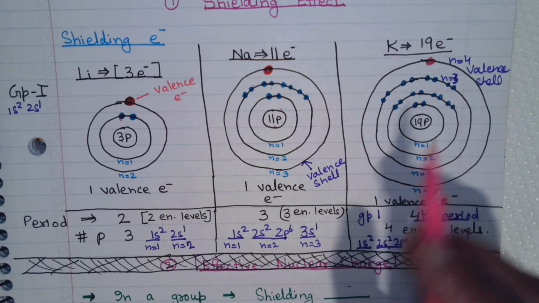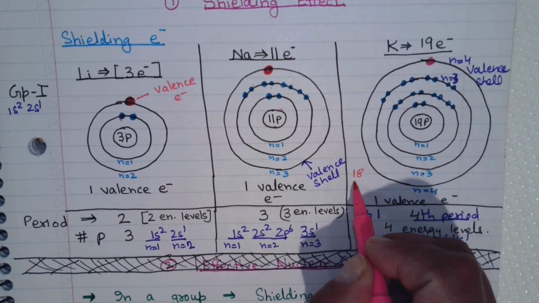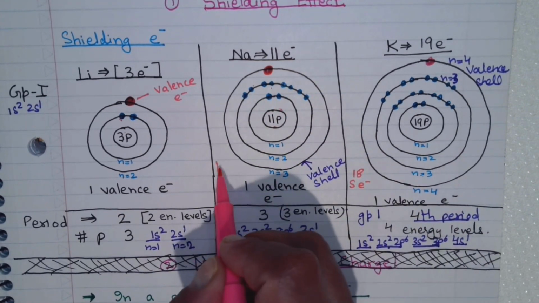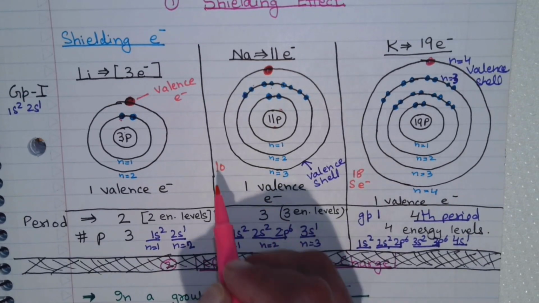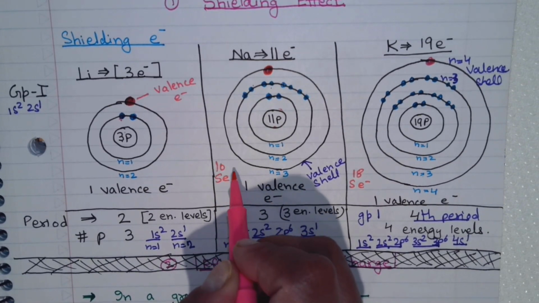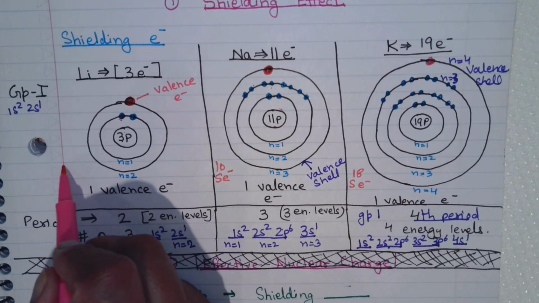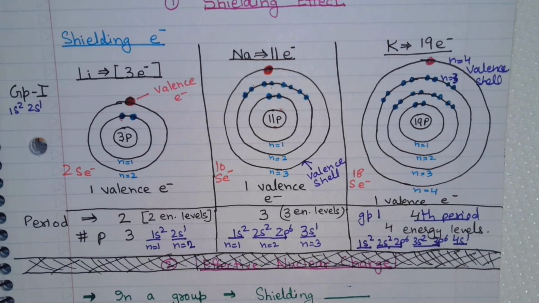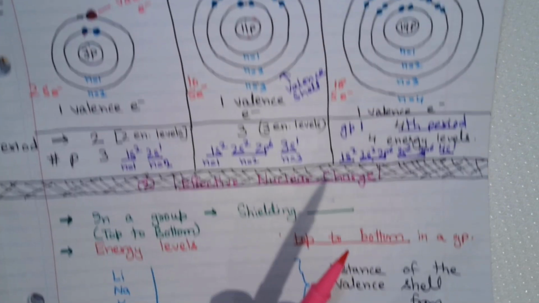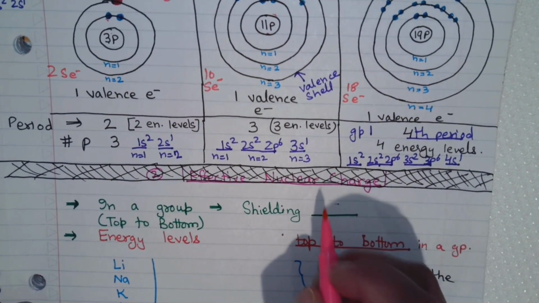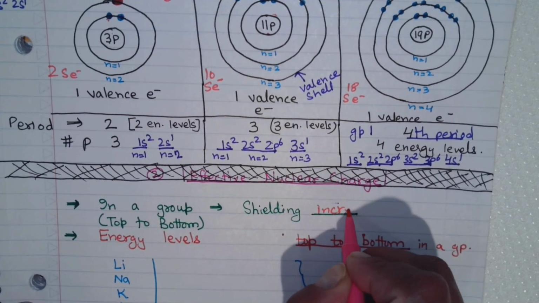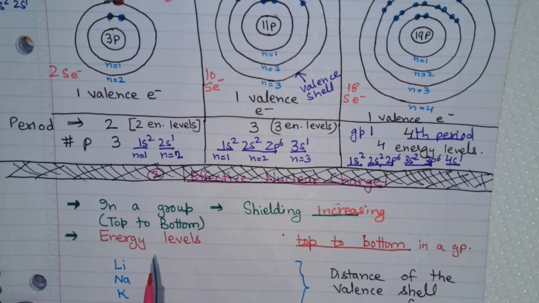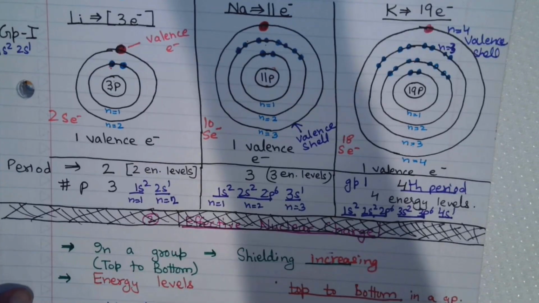So now you can see that there are 18 shielding electrons in potassium, 10 shielding electrons in sodium, and 2 shielding electrons in lithium. So as we are going down the group, you can see the shielding is increasing. The shielding is increasing from top to bottom in a group, right?